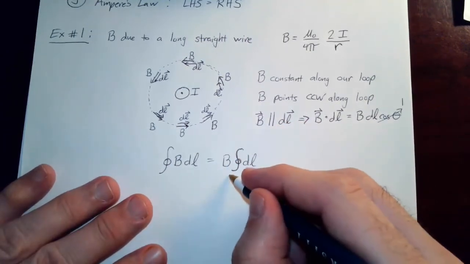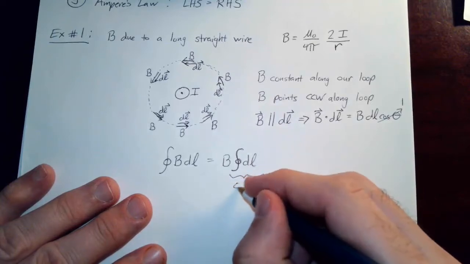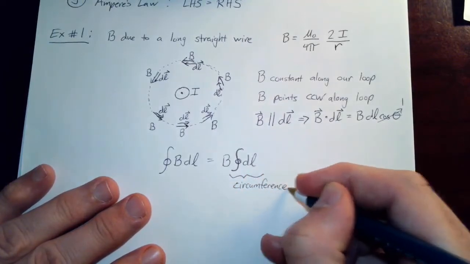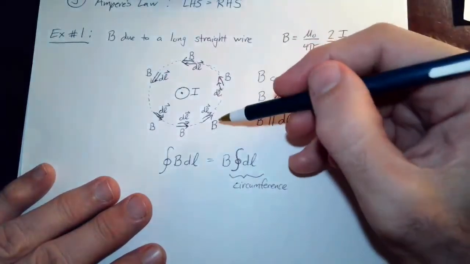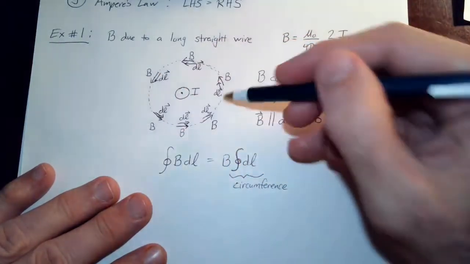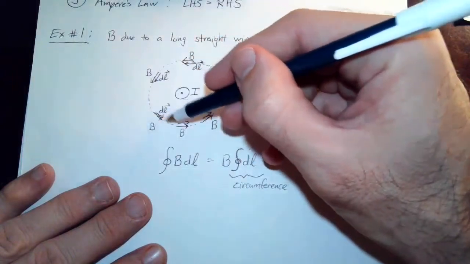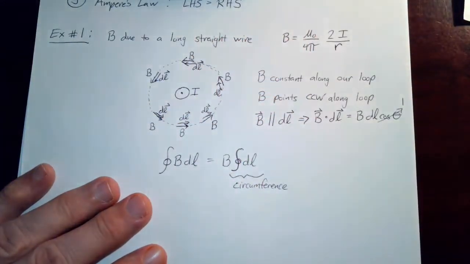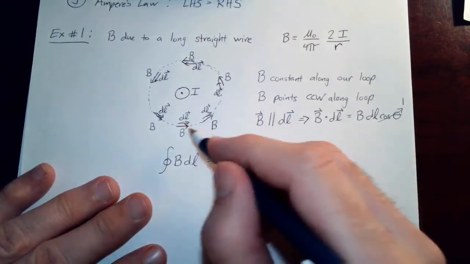Well, this is going to be the circumference of the loop, because we're adding up little lengths, and we're doing that all the way around the loop. And so by the time we do that, we've added up the entire length of the loop. So this integral becomes the circumference, or the length of our path.